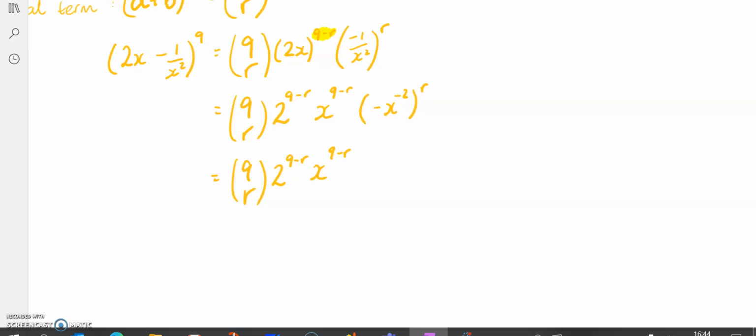We can rewrite this because we want to separate numbers and letters, so we can rewrite this as minus 1 to the r, x to the minus 2r. What I did there is minus x to the minus 2 to the r. That is the same as minus 1 times x to the minus 2 to the power of r. And if we apply that power of r to both, we're going to have minus 1 to the r, x to the minus 2r.